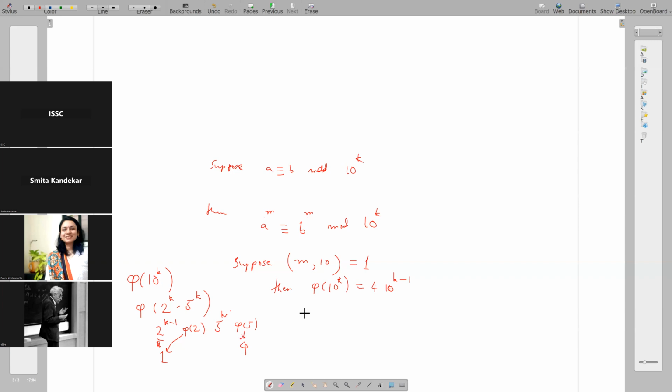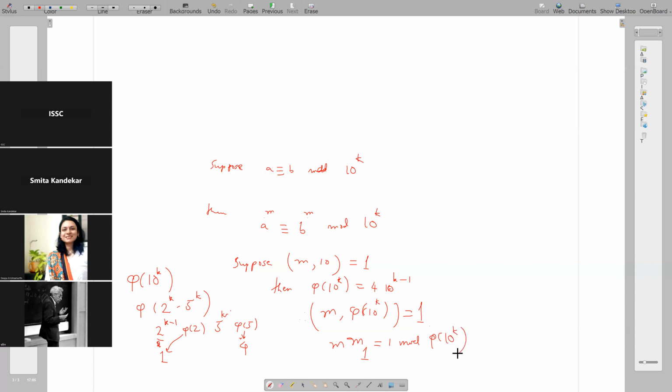Now this is an interesting step: M is coprime to phi of 10 raised to k. This M was coprime to 10 before, but it is also coprime to that. So I can find M1 such that M times M1 is congruent to 1 mod phi of 10 raised to k.